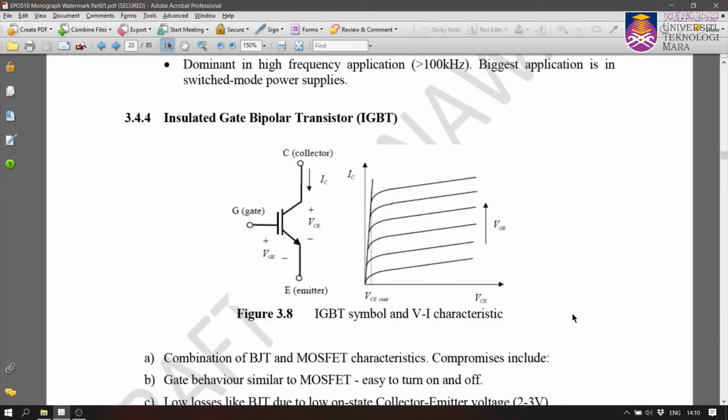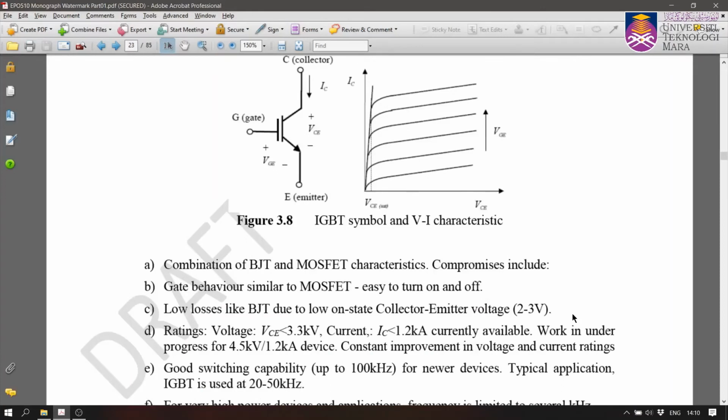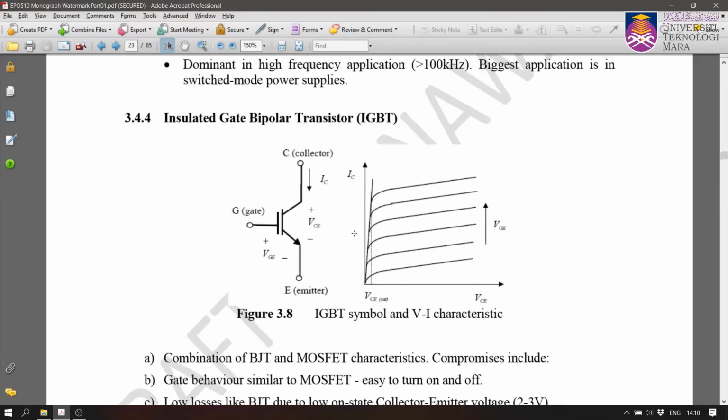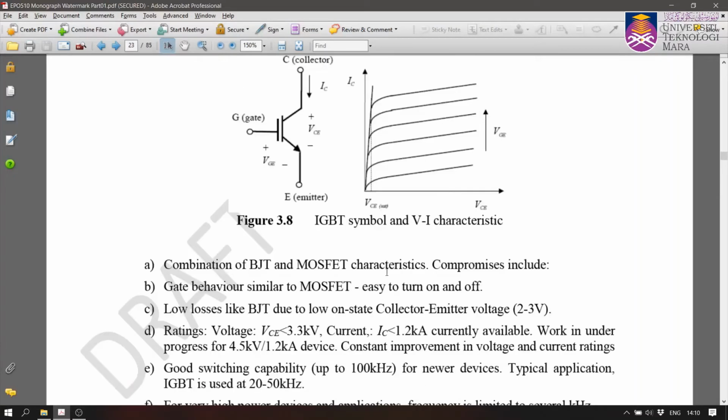So this is the insulated gate bipolar transistor, IGBT. A combination of BJT and MOSFET. Now you have collector, gate, and emitter. So this is the IGBT. You have a gate instead of a base, but you have this collector and emitter to follow the BJT, and that's why it's known as an insulated gate bipolar transistor.